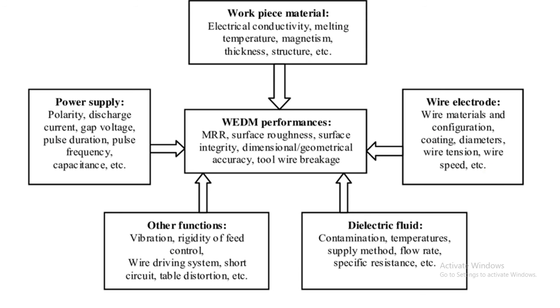Next, this block diagram clearly indicates wire EDM performances. What are the performances? Material removal rate, surface roughness, surface integrity, dimensional and geometrical accuracy, and tool wire breakage. These are the WEDM performances.